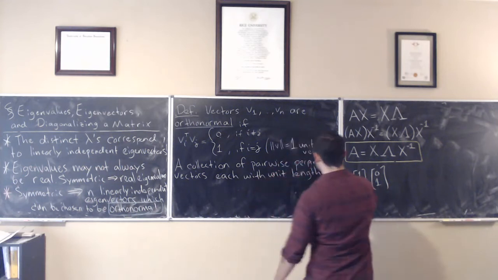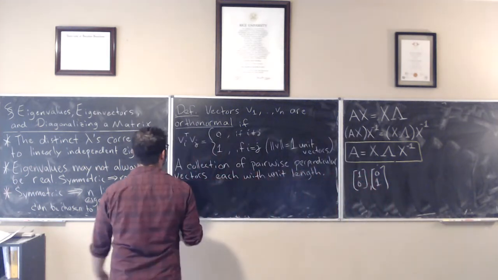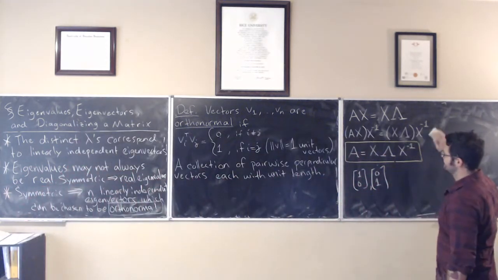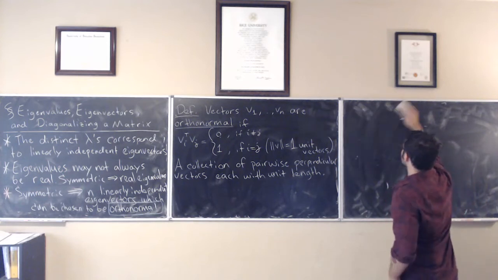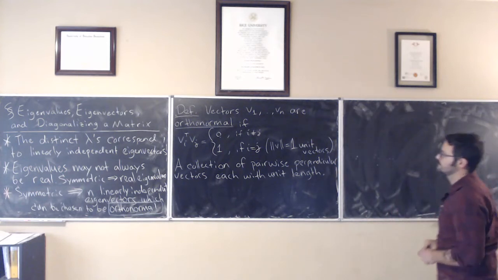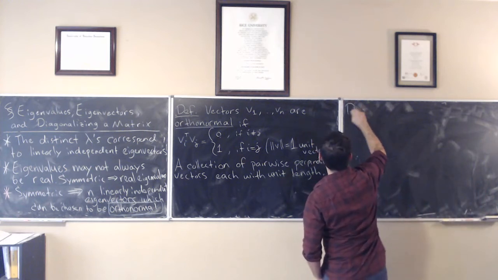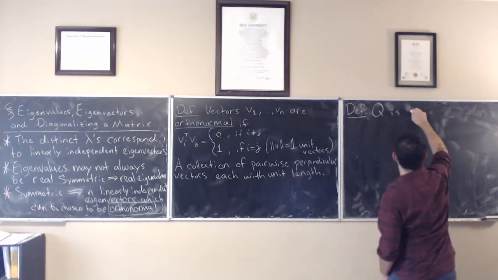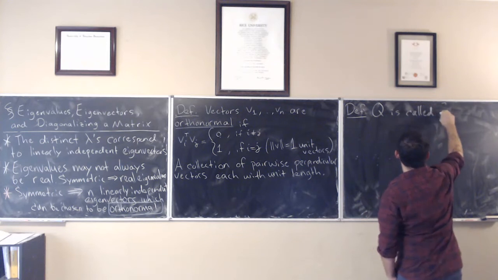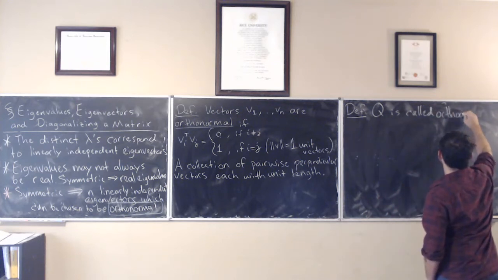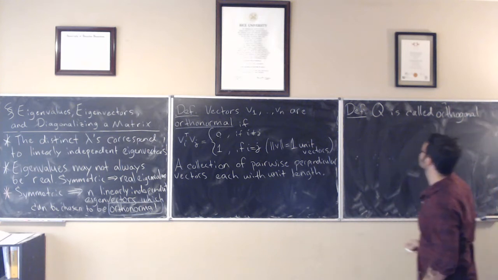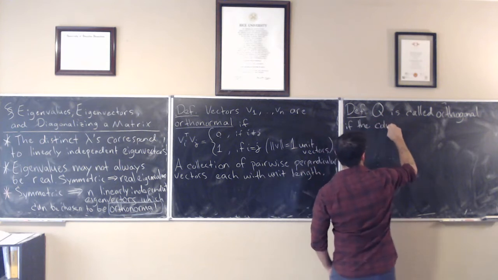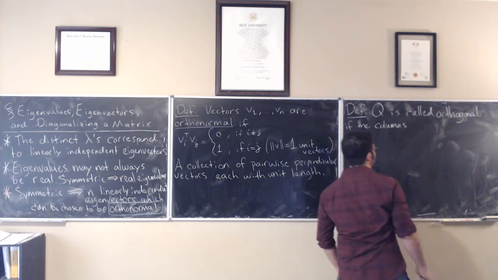So we need another definition now. I hate to erase that, but we're gonna have to. Q is called orthogonal if the columns of Q are orthonormal.